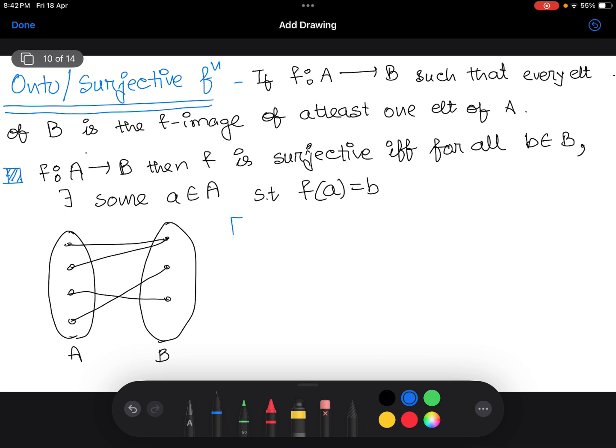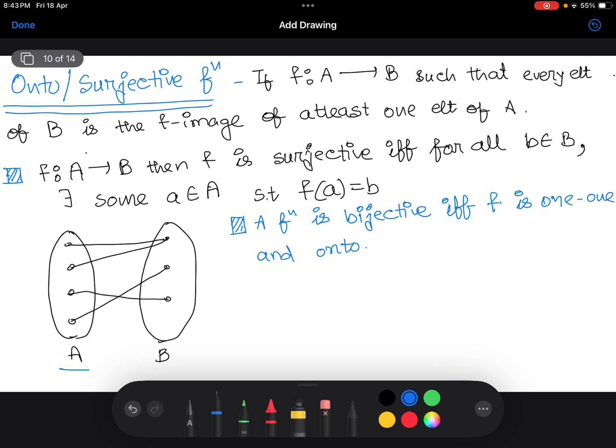Now an important remark: a function is bijective if and only if it is one-one and onto.